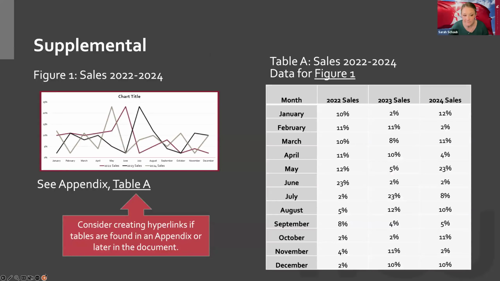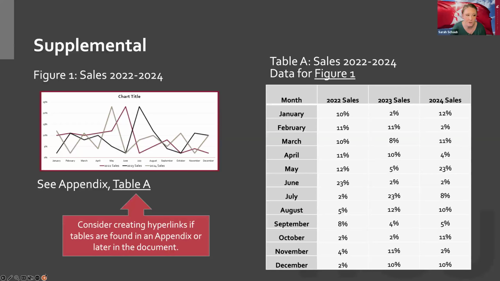So for supplemental information for your bar or line charts, one of the things that you can do, and again, this is something that I just think is a good practice to get into, is properly label your chart. So on the slide, I have an example of the sales chart from 2022 to 2024. It has the chart. The chart itself is not accessible, but to supplement and to make it accessible, you can provide some more information.